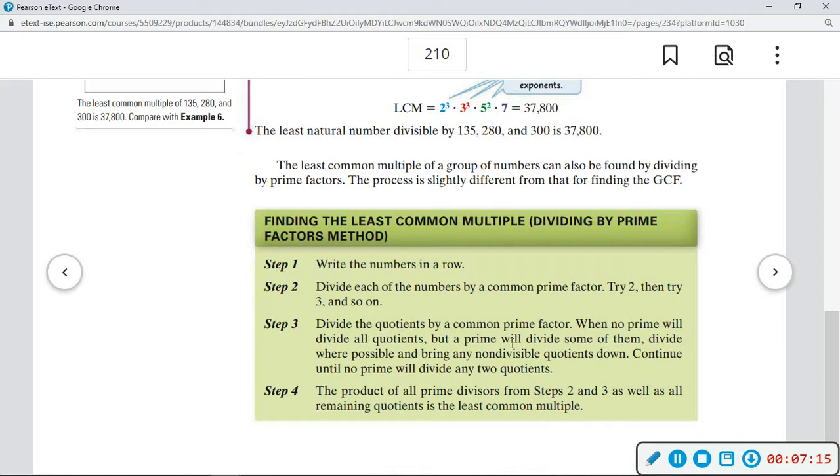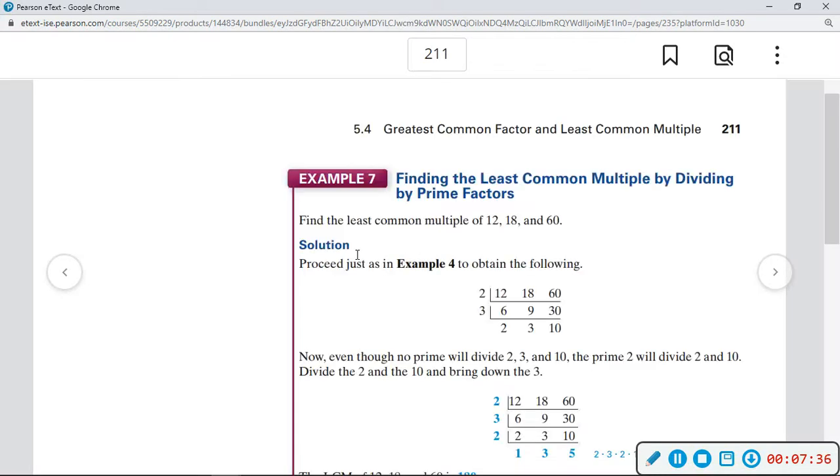And then continue until no prime will divide any 2 quotients. All right. And then the product of the divisors from step 2 and 3 and so on will be your least common multiple. So what does that look like?